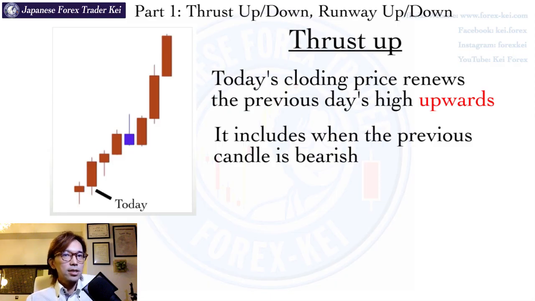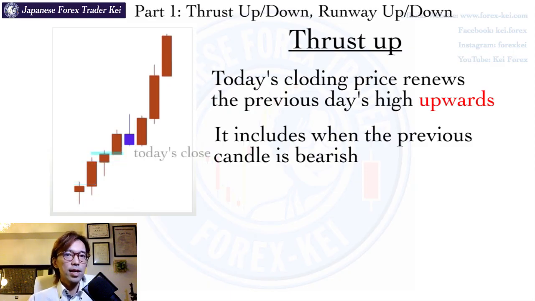And in that case, today's closing price is right here, right? And when this closing price is renewing the previous high like this, it's called thrust up, you see? So again, when today's closing price renewed the previous close price upwards, this pattern is called thrust up.